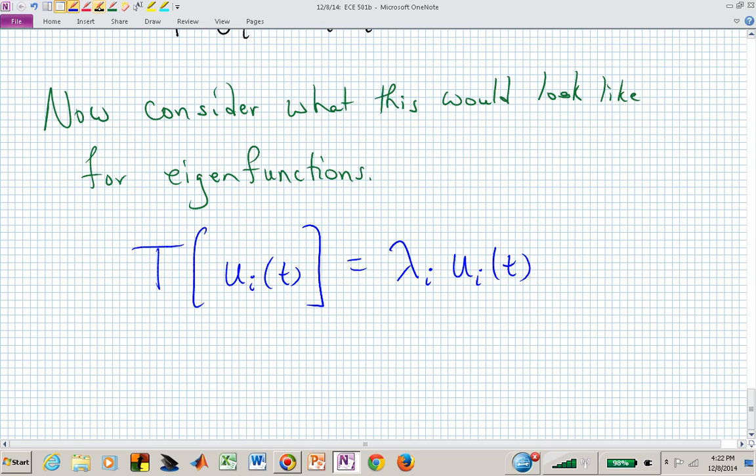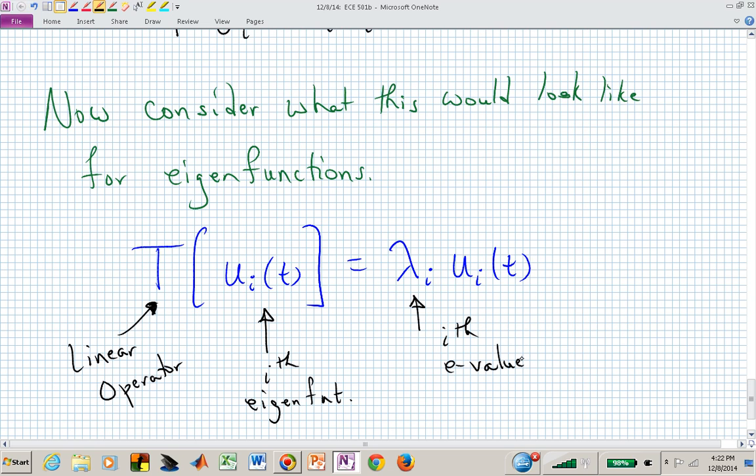Here is now our linear operator T. u sub i is now our ith eigenfunction, and lambda sub i is our ith eigenvalue.